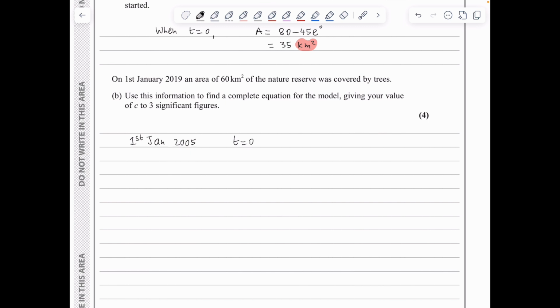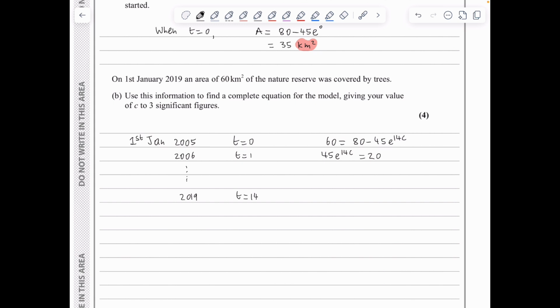So on the 1st January of 2006, t is 1, and if I continue like this, on the 1st January of 2019, t will be equal to 14, so I will be substituting 14 for t, so we've got 60 is 80 minus 45 e to the 14c, which leads to 45 e to the 14c being equal to 20.